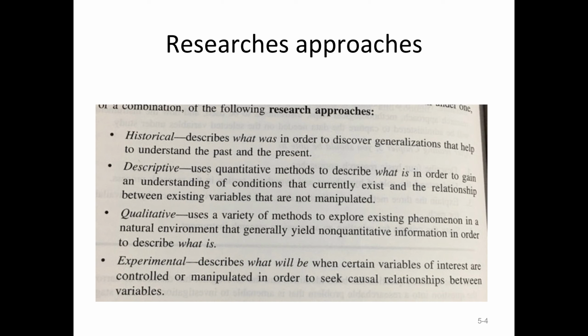I took a picture out of Chapter 5 of the 5th edition of our book, and here are definitions. Historical research describes what was. Descriptive research describes what is happening now, to understand the conditions that currently exist. Qualitative research also describes what is, but typically with non-quantitative information.